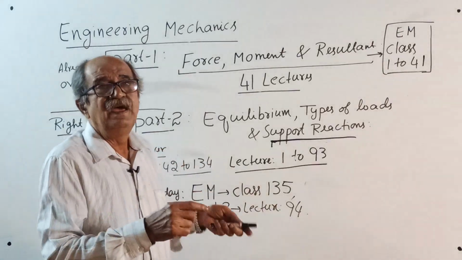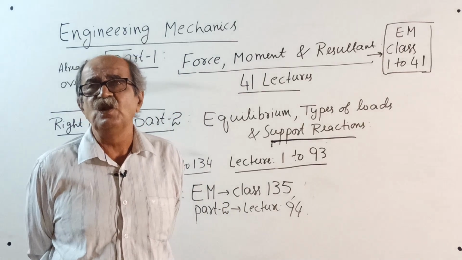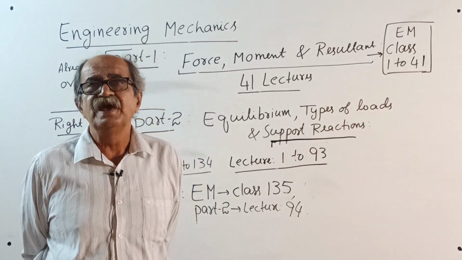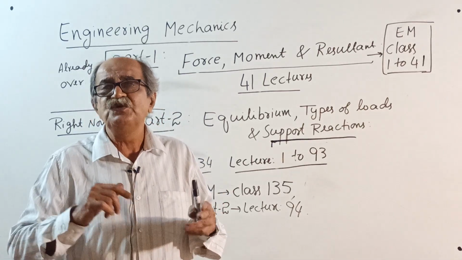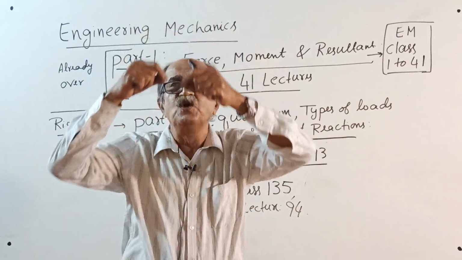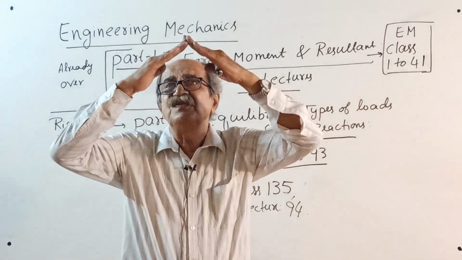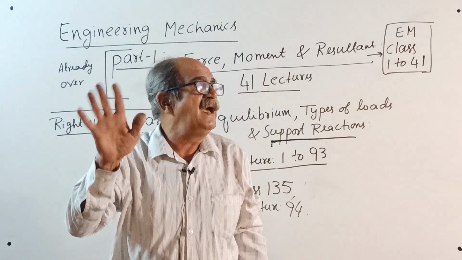See, I wrote there the standard cases: simply supported beam with central load, eccentric load, full span UDL, UDL for half the span starting from one end, uniformly varying load from 0 to maximum end to end, or 0 at the ends and maximum at the center, and a couple applied anywhere.